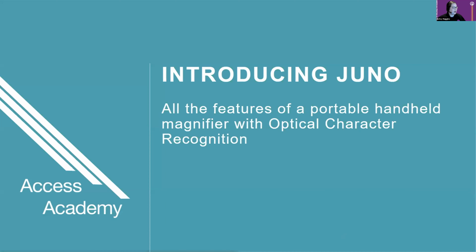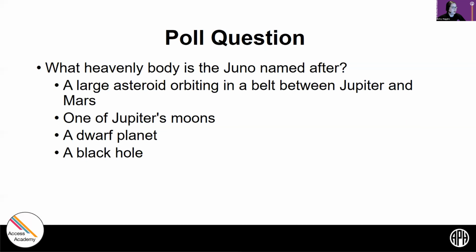Ooh, but first we have a poll question. Let's go to the next slide and we'll introduce this poll question. Paul? This one is just a guess and have fun question. What heavenly body is the Juno named after? Is it a large asteroid orbiting in a belt between Jupiter and Mars?